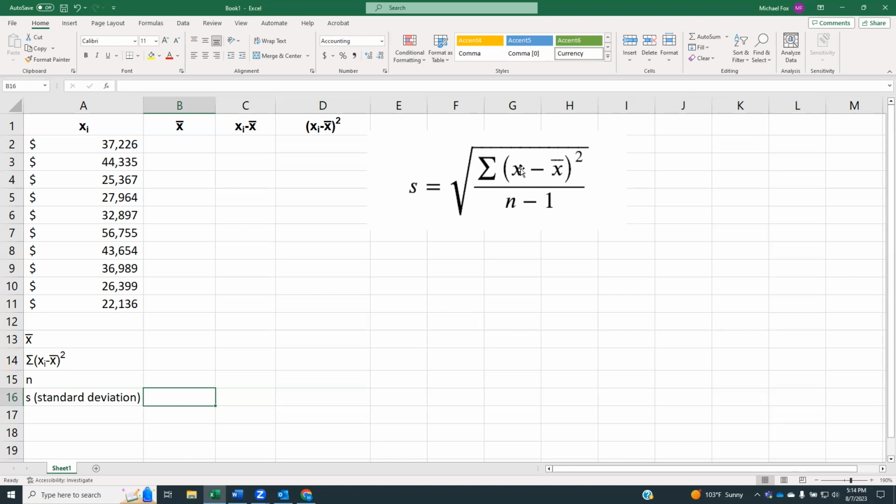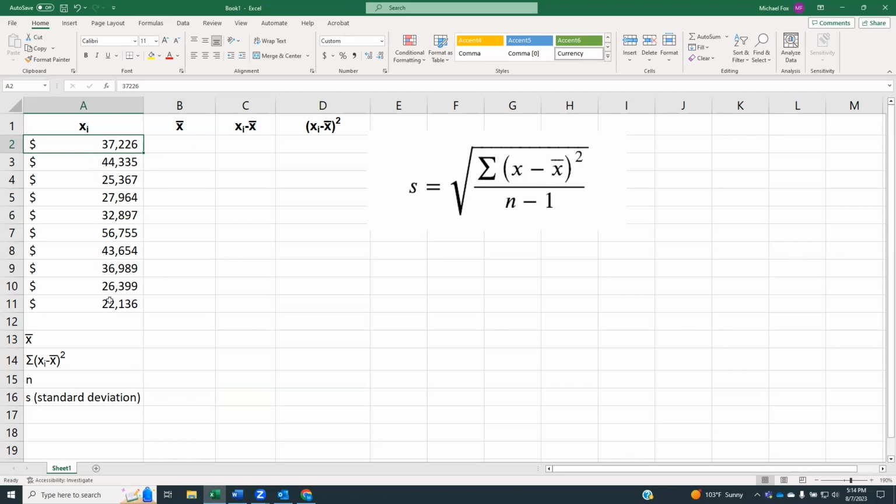So x, or sometimes, like I said, you'll see it as xi, means each data point in the set. So this would be x1, x2, x3, x4, x5, etc., down to x10, okay? X bar means the mean of the sample.